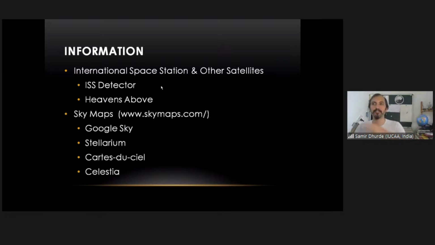But then after you have known about these known objects, and you've actually seen them yourself, you can then go on to sky maps. So sky maps give you a proper map of the objects in the sky. These could be stars, these could be other objects including nebulae, star clusters, even galaxies.